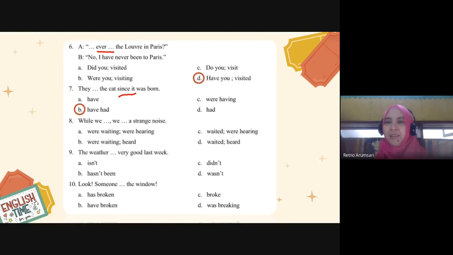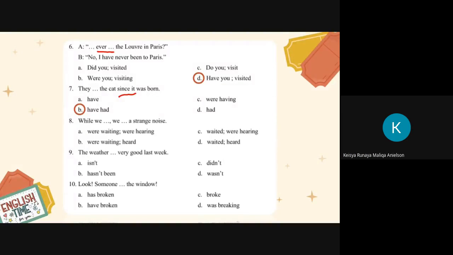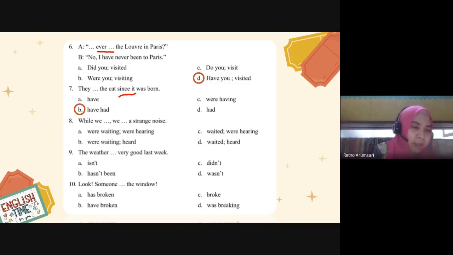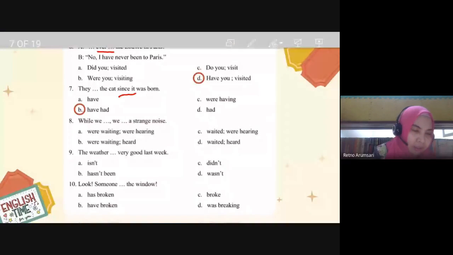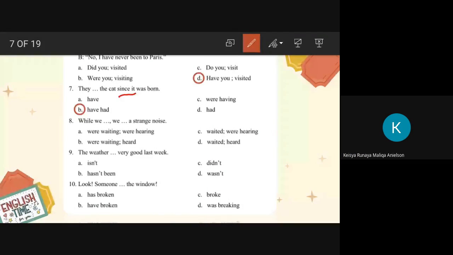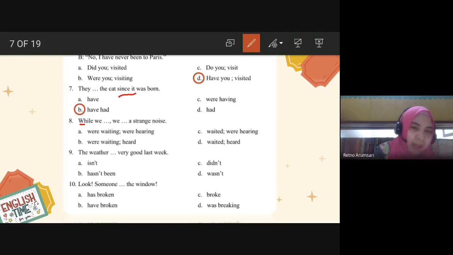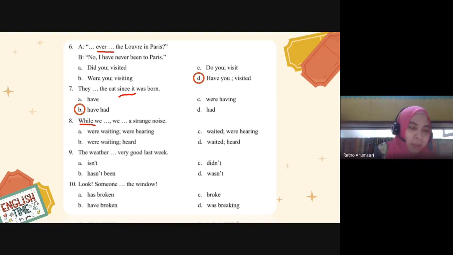Okay, Keisha then. While we were waiting, we heard a strange noise. What is the clue, Keisha? The clue is while. While we were waiting, we heard a strange noise. That's right. Thank you, Keisha.